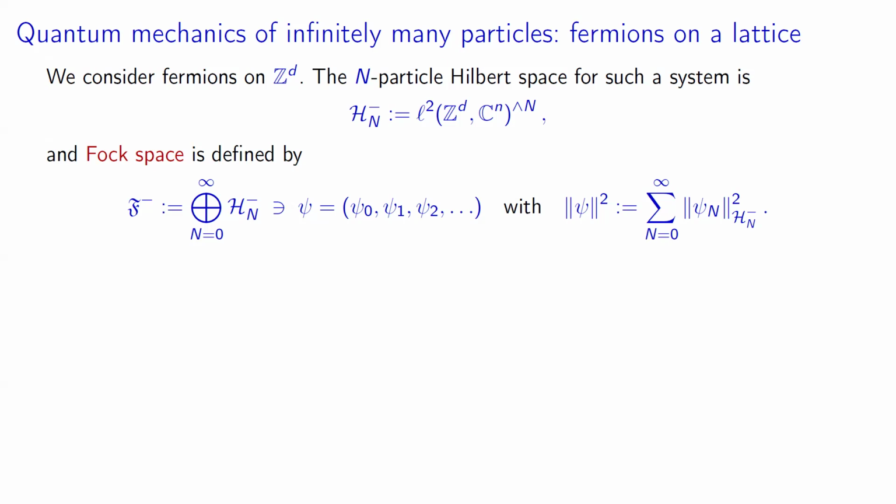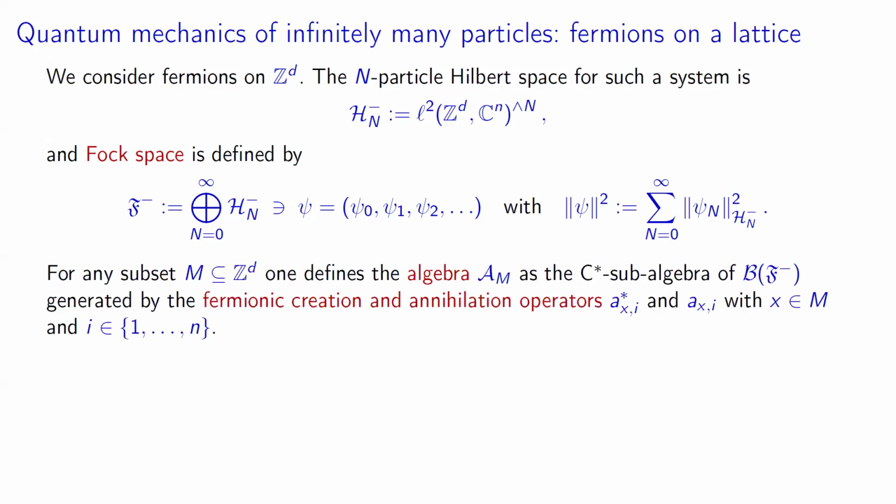If you have not seen this, it looks strange, but it just means that an element, a vector here, is a sequence of vectors where psi_j lies in the j-body Hilbert space. And the natural norm or inner product on this. Sorry, the little n could be spin, but could also be other degrees of freedom of a lattice.